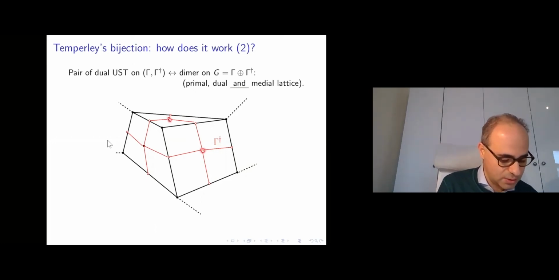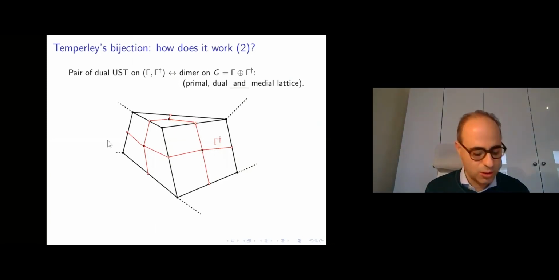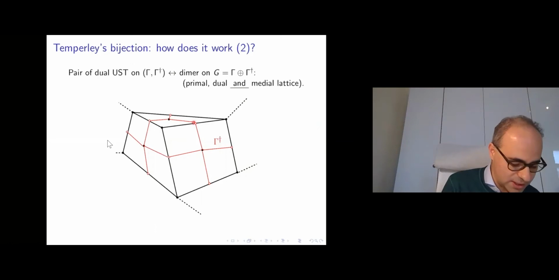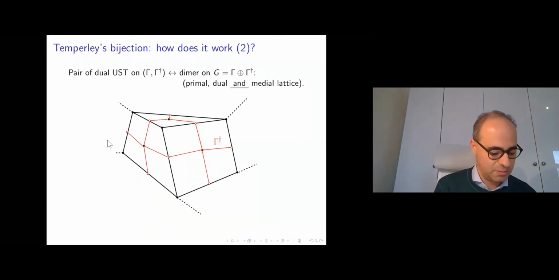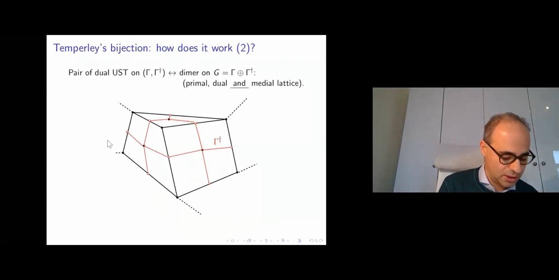So we add a vertex for each face of gamma, and we also add intermediate vertices, these white vertices here. We add one for each edge of gamma, and in between two faces, we draw edges that go through this middle vertex in this manner.